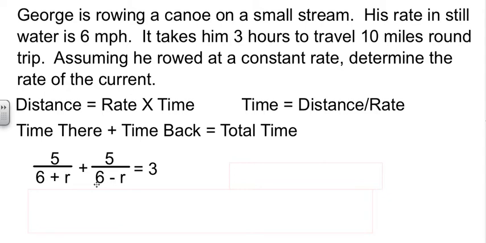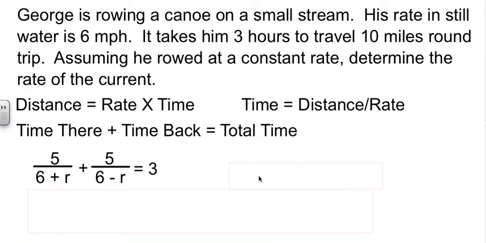Going the other direction, he goes his normal 6 miles an hour, minus there's stuff pushing back against him, because he's working against the current or against the wind, or however you want to think about it. But together, this amount of time to go there plus this amount of time to come back equals 3 hours.